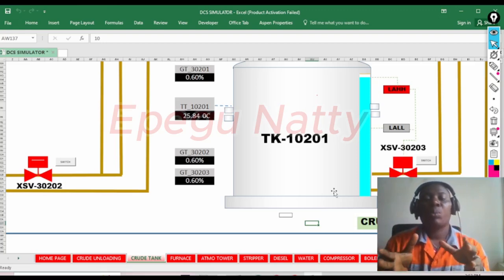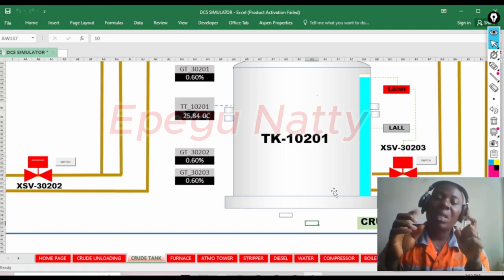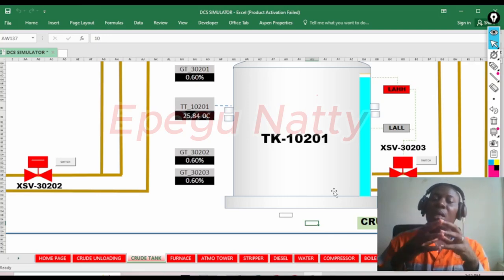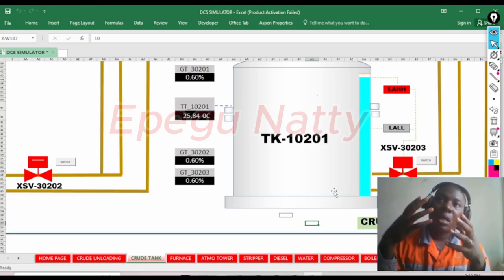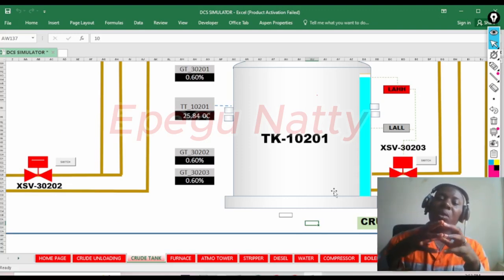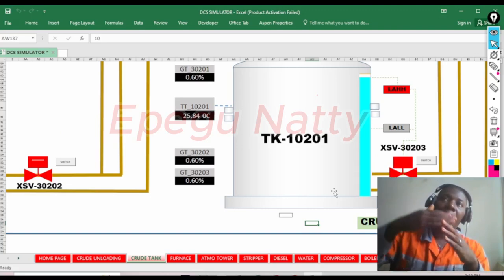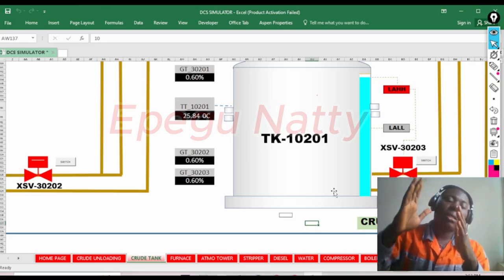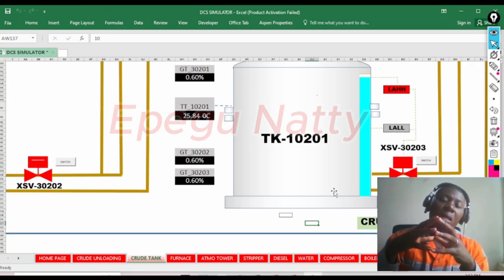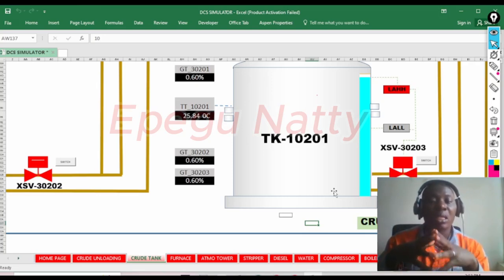But if you're talking about the buckling effects of the tank, of course, the shell plate of the tank is very thick: 6 mm, 8 mm, 12 mm, depending on the height of the tank. We can have 16 mm, right? And the higher the shell, the thinner the shell plate, but the minimum shell plate is 6 mm, right?